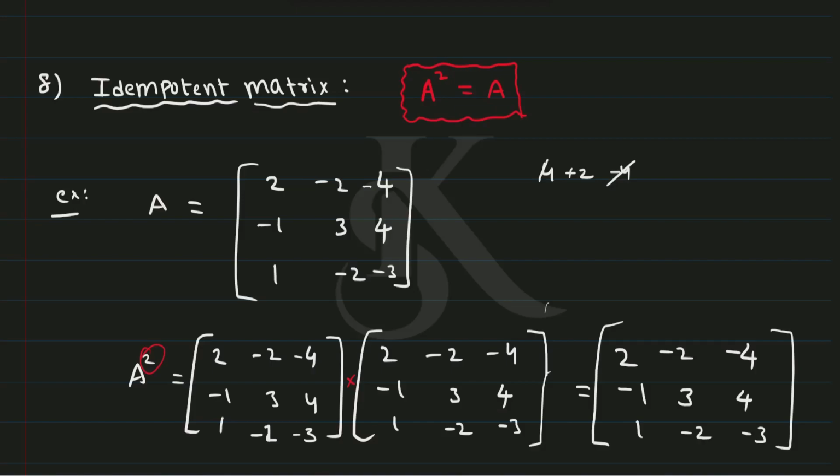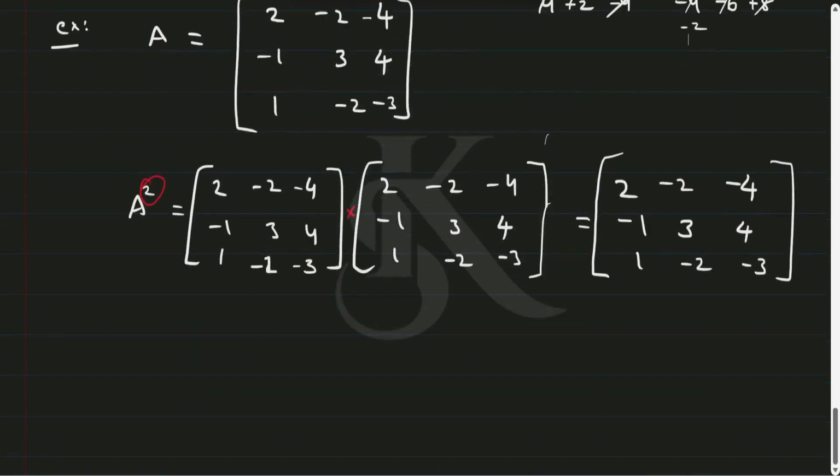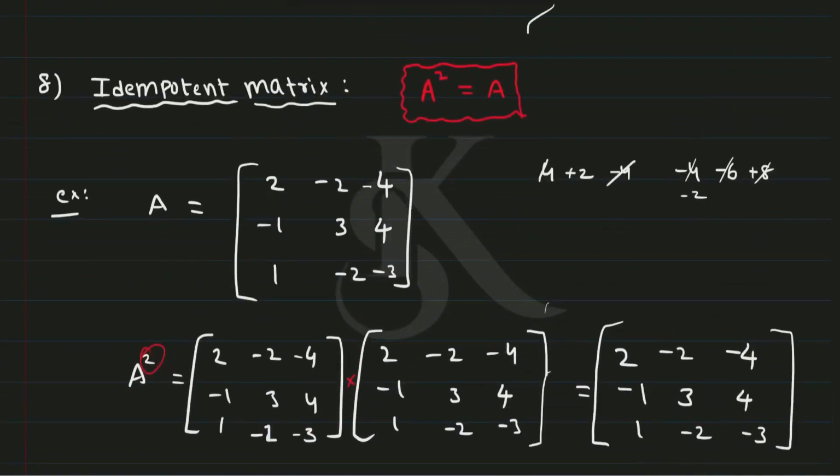Minus 4, minus 6, plus 8, so here it is minus 2. Do the multiplication and find it. If A square equals A, then it is called an idempotent matrix. I'll erase the work.